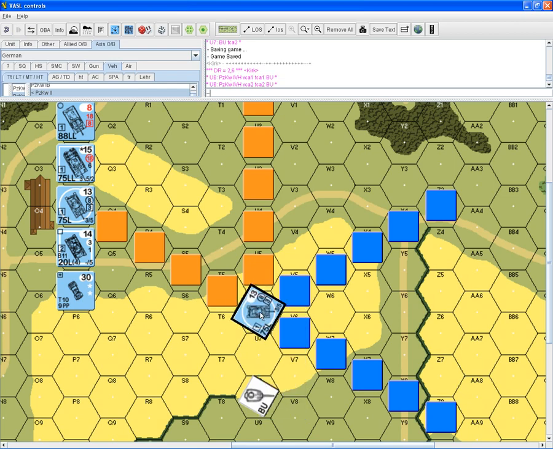It will always point towards the intersection of your two hex sides. When it's pointing, you will see that it has two hexes in front of it. That is its vehicle covering arc. These orange boxes represent the different hexes that you would be able to shoot into with your main armament when the vehicle is pointing this direction, and also with your bow machine gun.